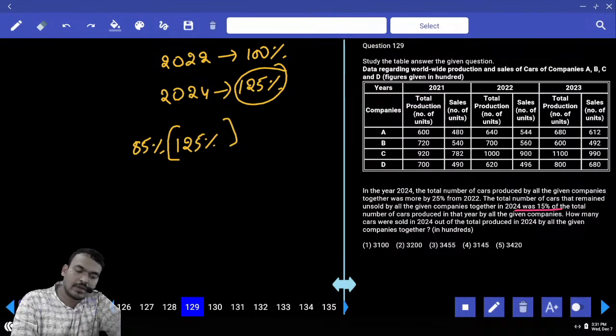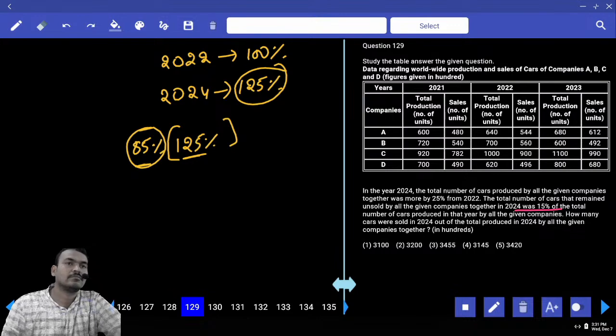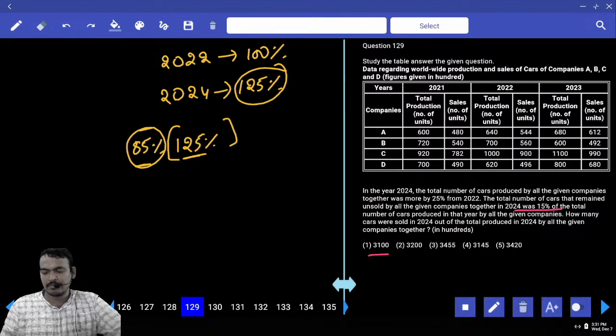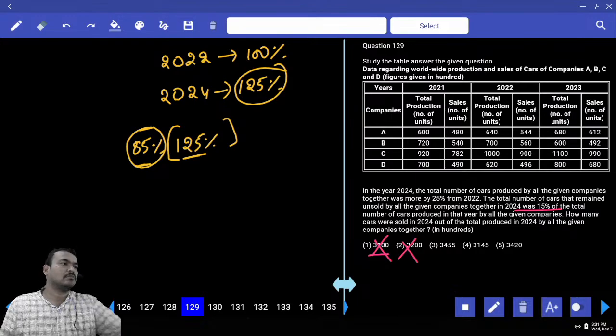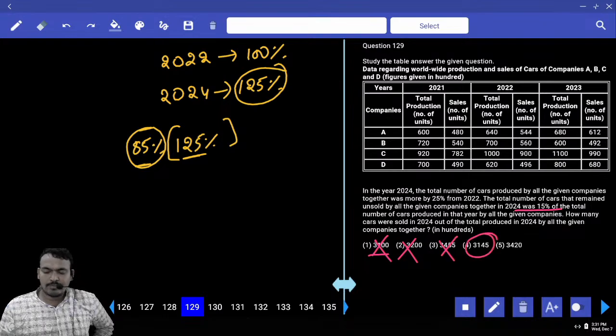Okay, then we require 85% of which one? 125%. 85% means a multiple of 17. Yes or no? First option is a multiple of 17? No. Second option? No. Third option? No. Fourth option? Yes or no? Fifth option?